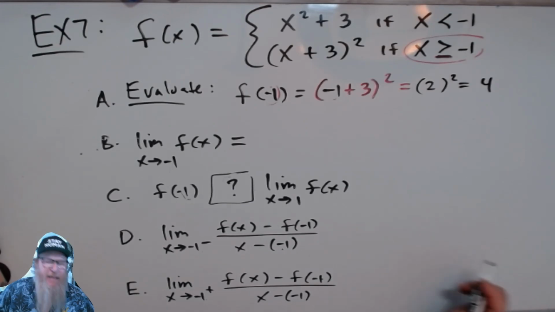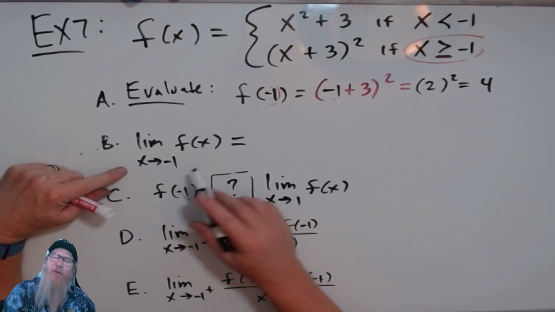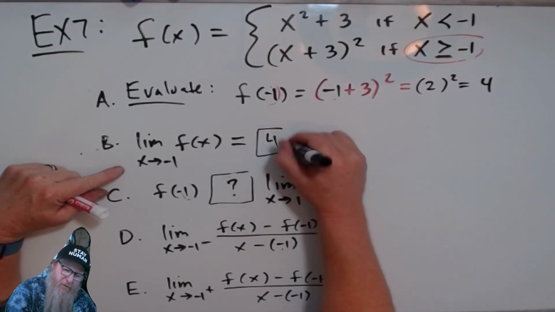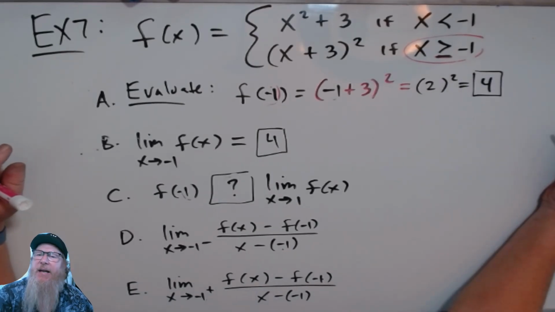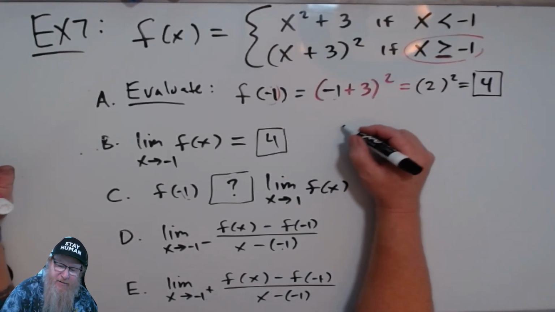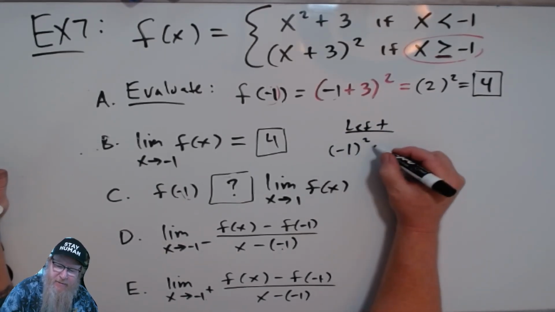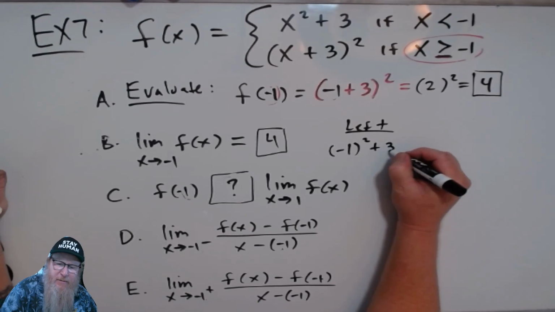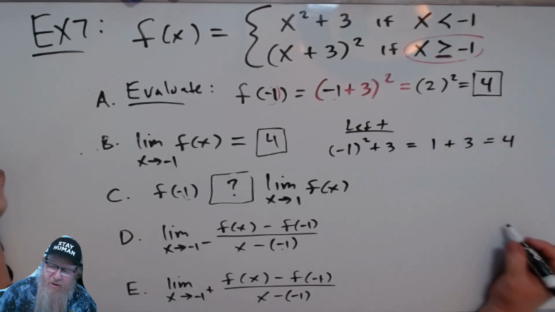So what is the limit as x approaches -1? Well, that's also 4, which is how I caught my initial mistake. If you plug it in on the left side, you get 1 plus 3, which is 4.